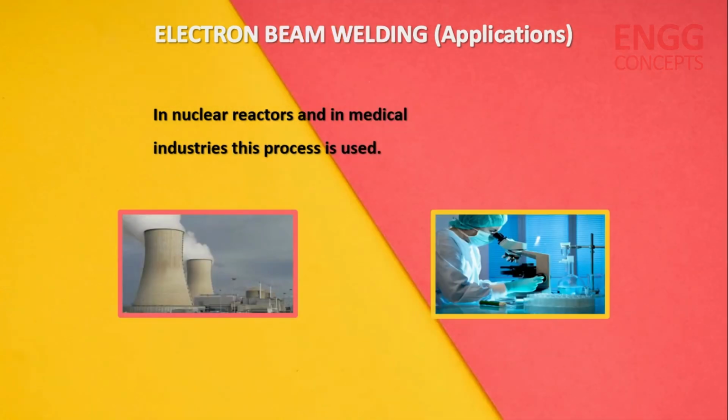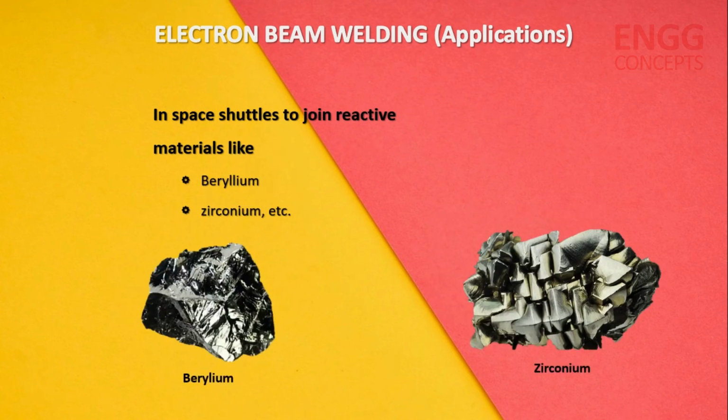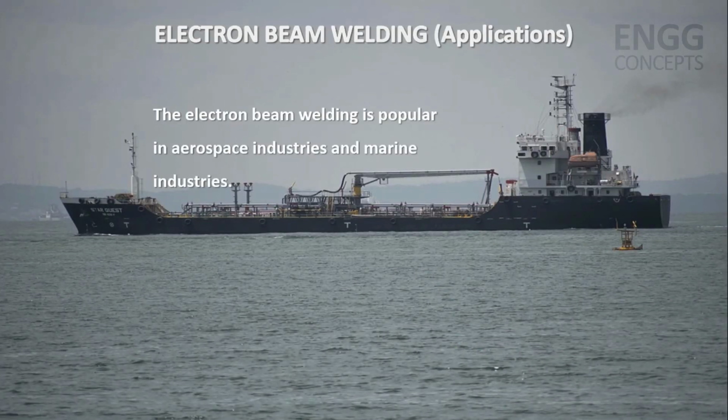In nuclear reactors and in medical industries, this process is used, and in space shuttles to join reactive materials like beryllium, zirconium, etc. Electron beam welding is popular in aerospace industries and marine industries because titanium alloys can be fabricated by electron beam welding.